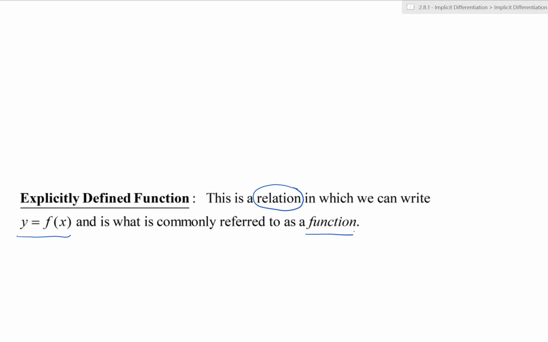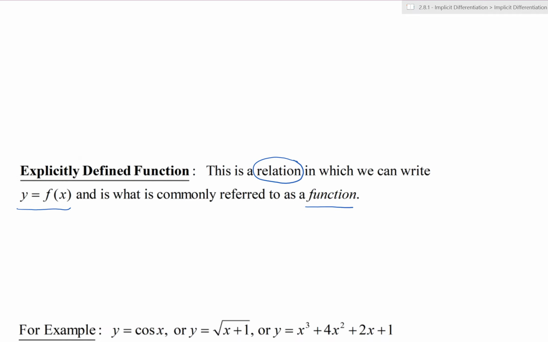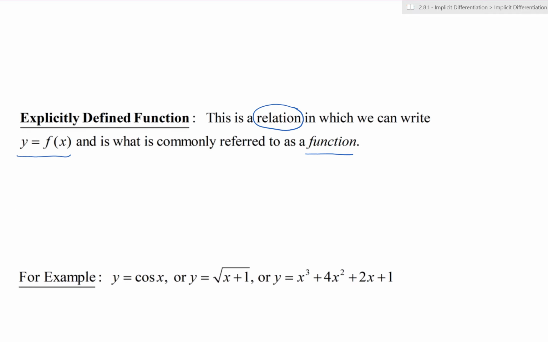So that's what we've been focusing on so far, and we've come up with, of course, a variety of rules. But just because I don't have an explicitly defined function doesn't mean I can't find the slope of the corresponding curve. And that's really what we want to get into. So just for example, some examples of explicitly defined functions, right? Y is cosine x.